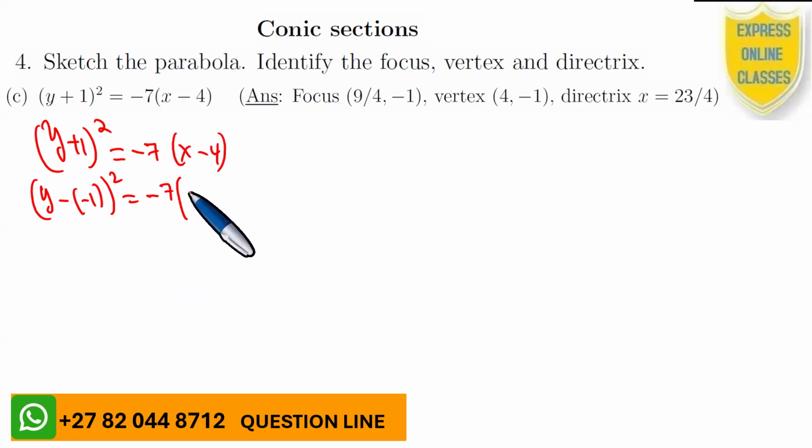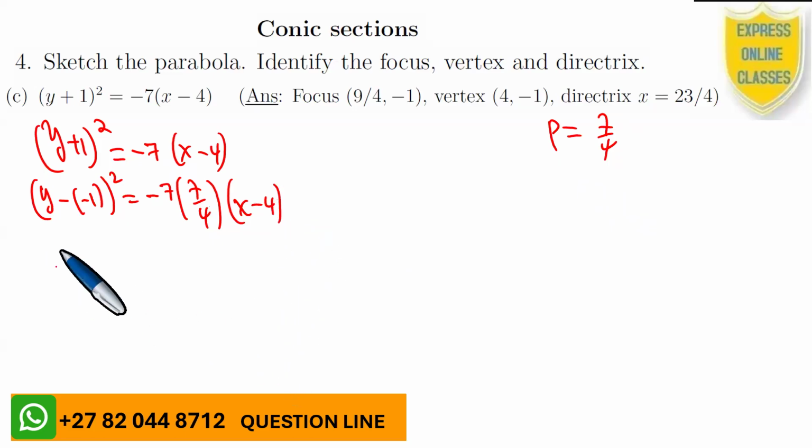And then you're going to put the fact that you need to put a number here. So which means that the p is going to be 7/4. Okay, and then this is going to be x minus 4 in line with y minus k squared, which is minus.